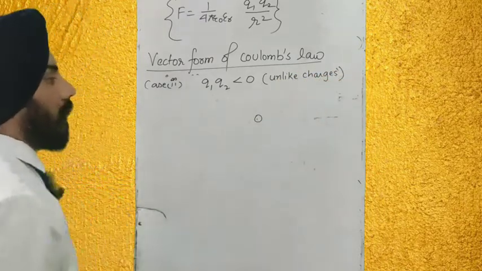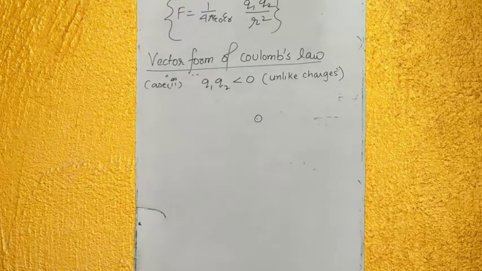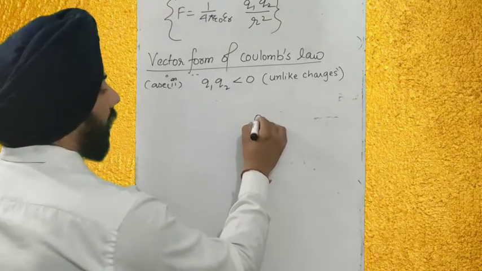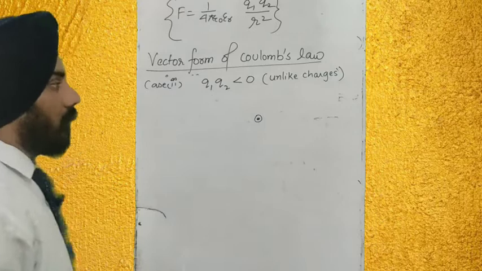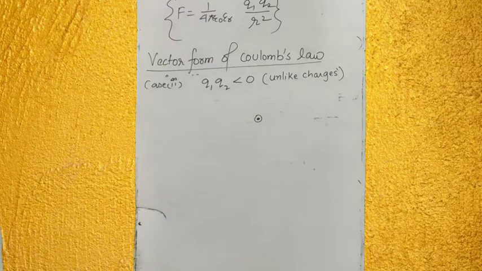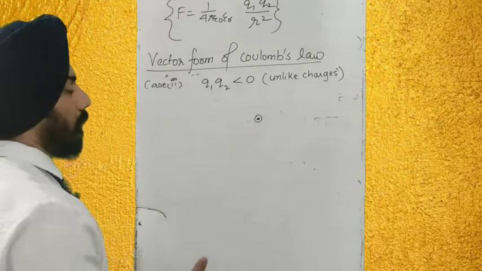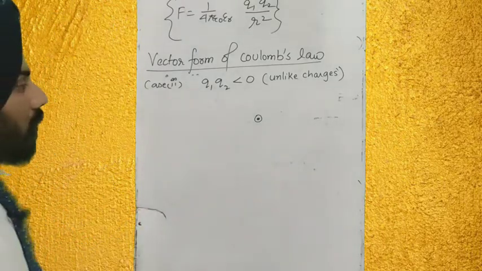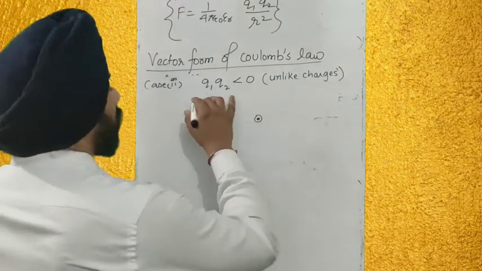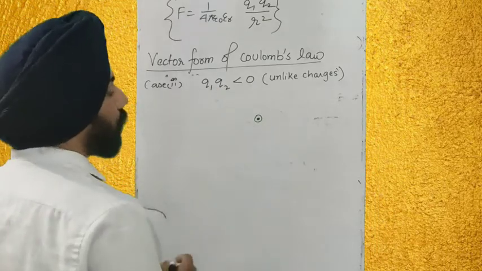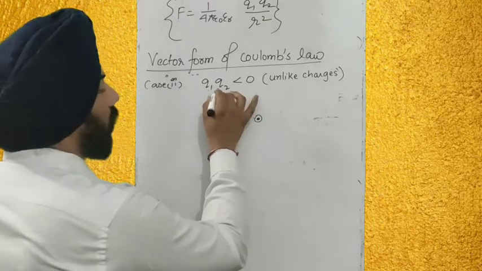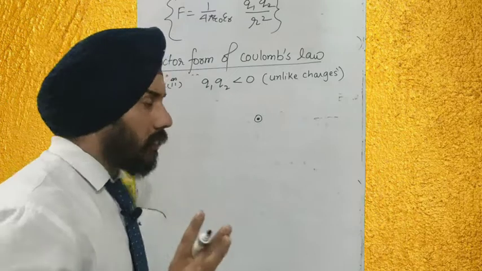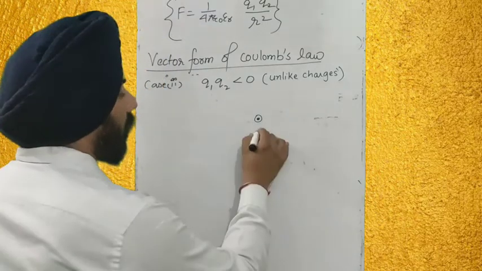You people take the notes from here and take help of the NCERT book also and solve some numericals related to this topic: Coulomb's law and vector form of Coulomb's law. So here we are having Q1 and Q2, two charges which are unlike.